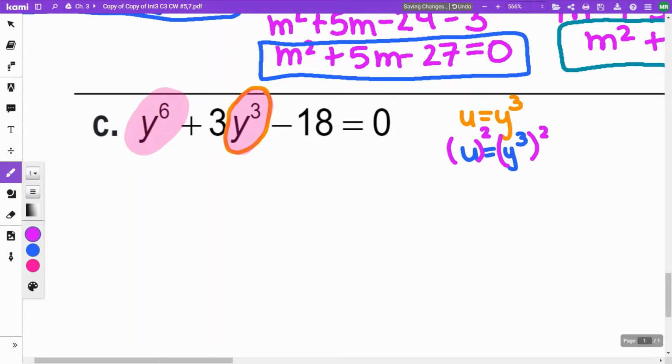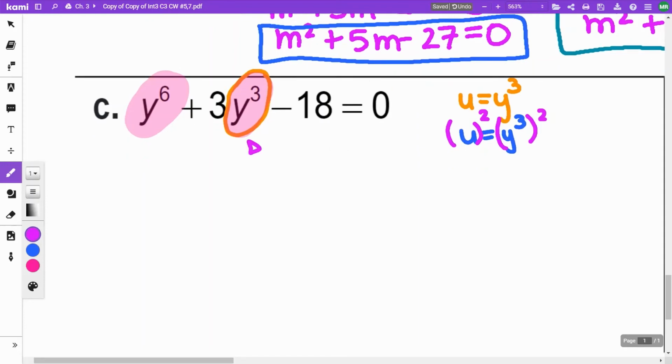That's always how they are. Right now, this is not just a variable, and this is not just a square. But if I make this be u, will this be u squared?